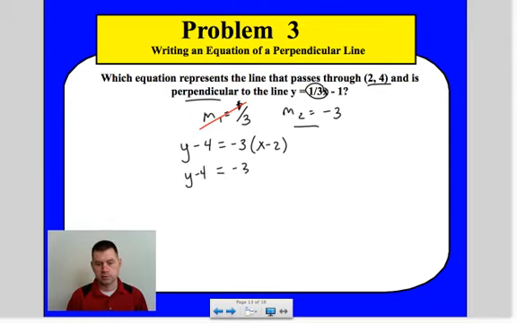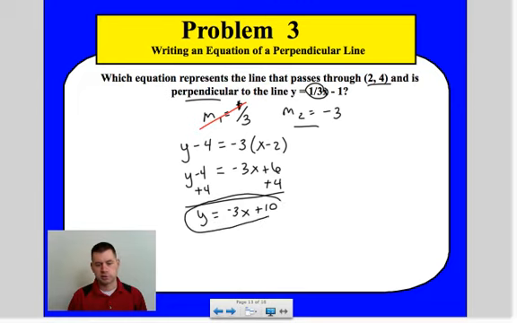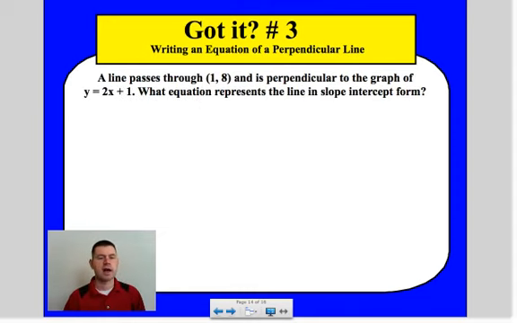Negative 3x and then a positive 6. We add 4 to both sides and we get y equals negative 3x plus 10. So we have opposite reciprocals for the slopes. It doesn't matter about the y-intercept in that case. You're just done.